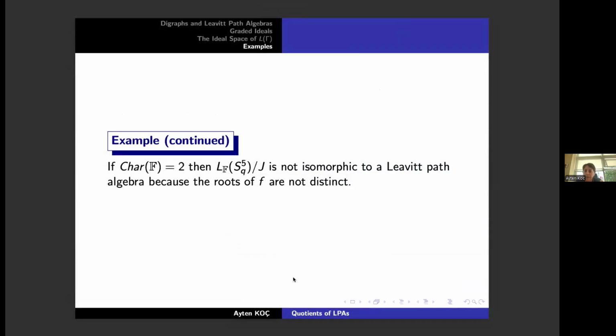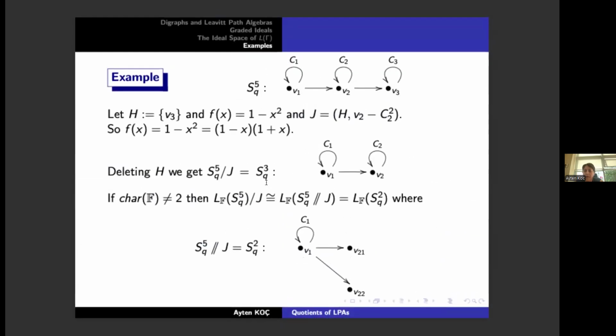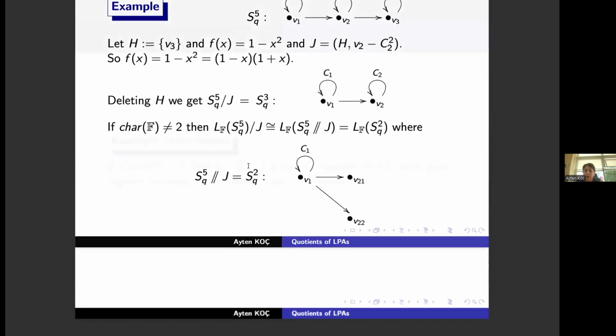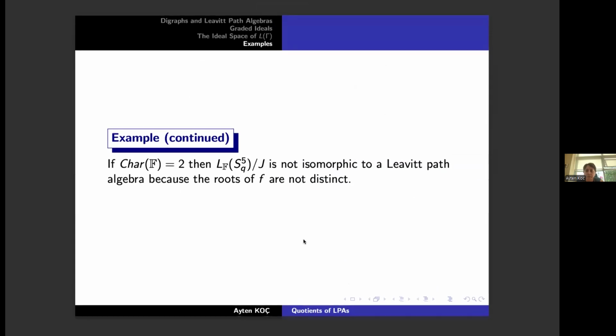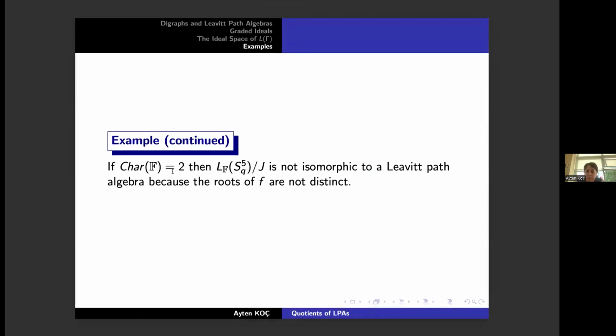If the characteristic is 2, for the same example, L(Γ)/J is not isomorphic to a Leavitt path algebra because the roots of F, this one, are not distinct. So, sorry, when you divide by this polynomial that has multiple roots, you get some nilpotent element in the quotient.